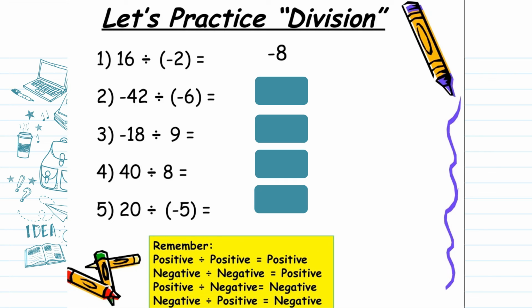So since they have the same sign, which is negative, their answer will be positive 7. Third example is negative 18 divided by positive 9. They have different signs, therefore their answer will be negative 2.